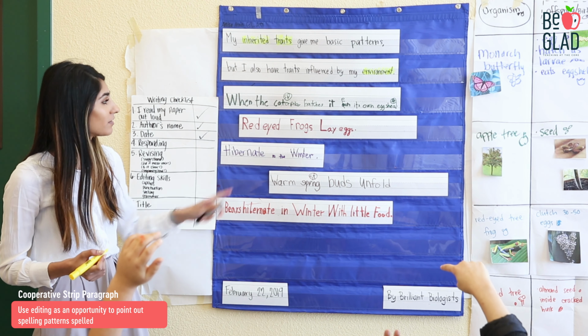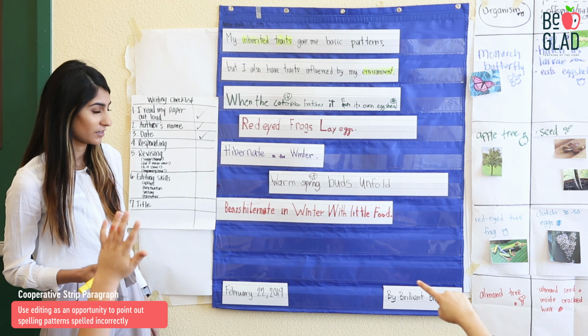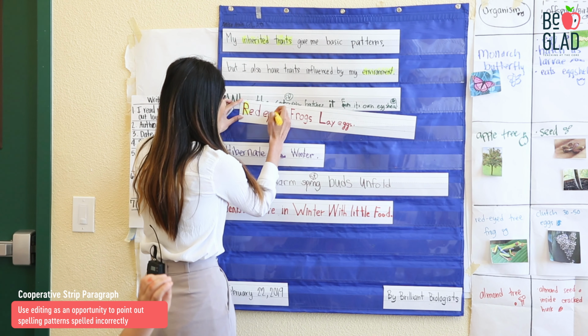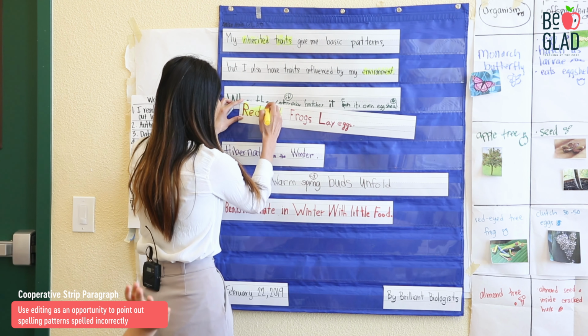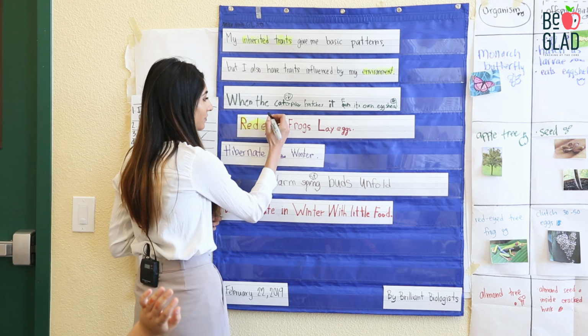We can also use the cooperative strip paragraph to focus on and find specific spelling patterns. This can be a great part of the editing process. As we look for words that students have written, they may not have used the correct spelling pattern within that word. Anytime we have written words, we can reinforce those phonetic elements and those concepts that students have learned during literacy time.